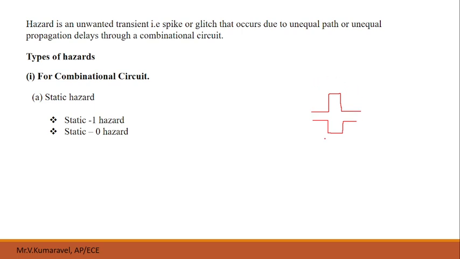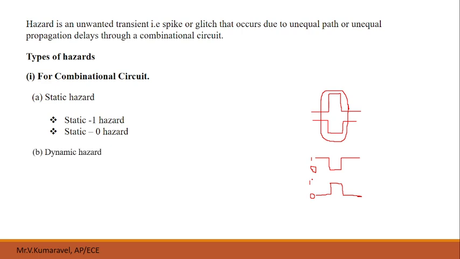I'm expecting 1 but I'm getting 0. Then what is static 0 hazard? For a certain time interval I'm expecting my output to be 0, but instead of 0 I'm getting 1. This is static 0 hazard.